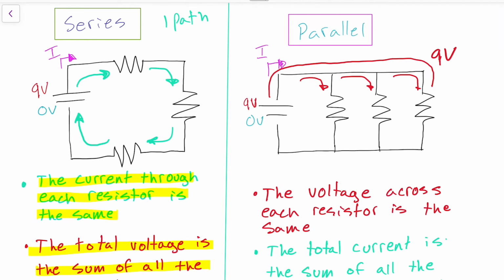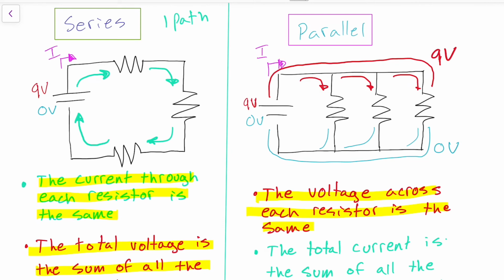And that potential changes once the current goes through a resistor. Down here, on all of these wires, we're at 0 volts. So the potential, or the voltage, over each resistor is 9 volts. So the voltage across each resistor must be the same.